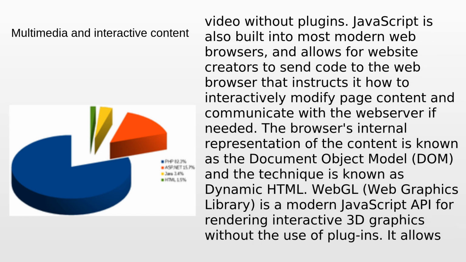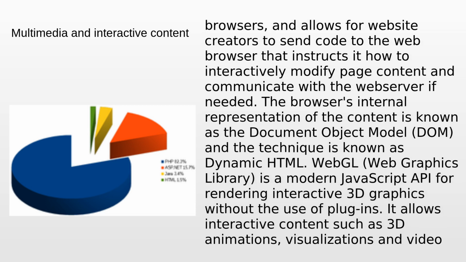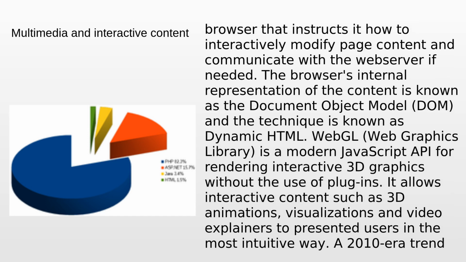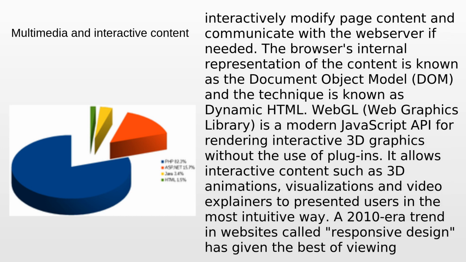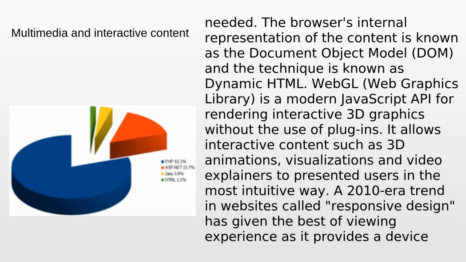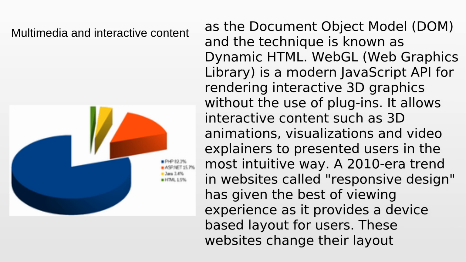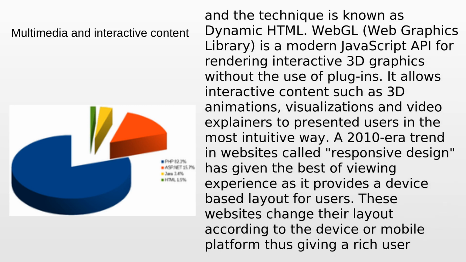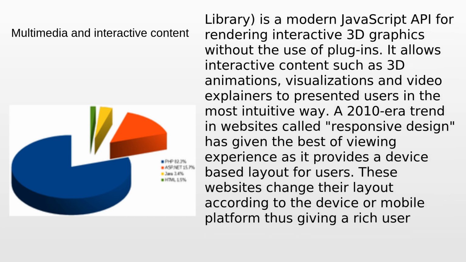JavaScript is also built into most modern web browsers, and allows website creators to send code to the web browser that instructs it how to interactively modify page content and communicate with the web server if needed. The browser's internal representation of the content is known as the Document Object Model, DOM, and the technique is known as Dynamic HTML. WebGL, Web Graphics Library, is a modern JavaScript API for rendering interactive 3D graphics without the use of plugins.